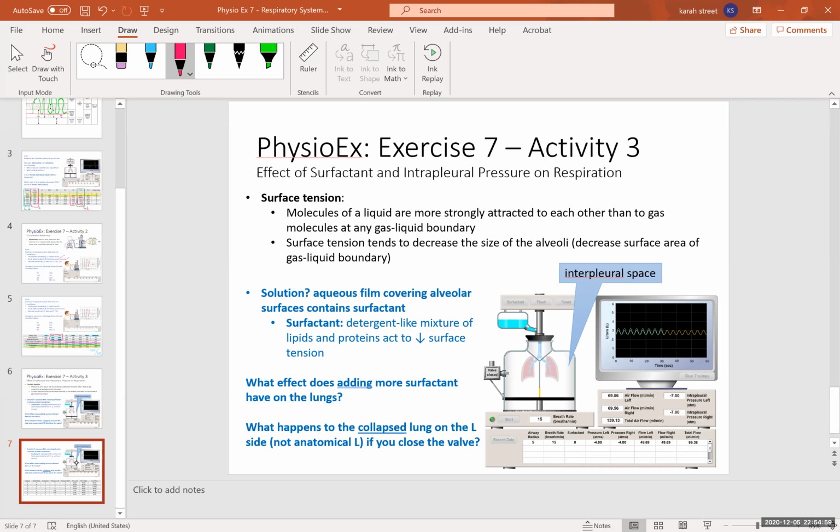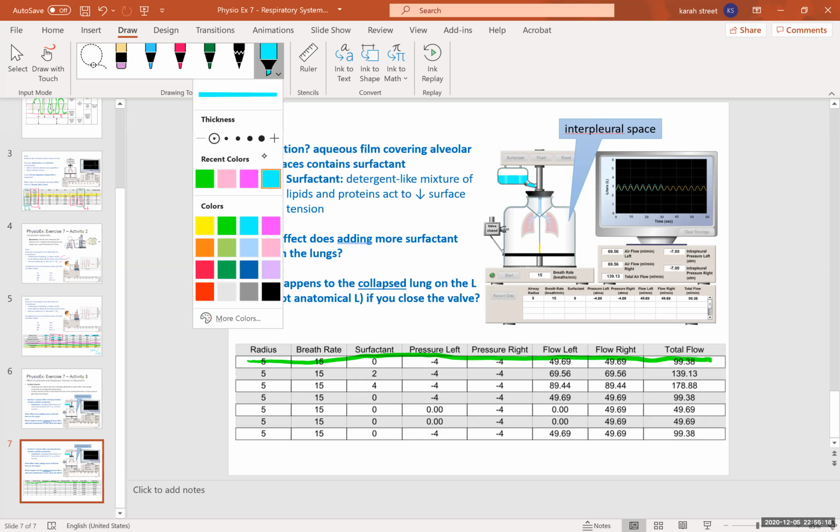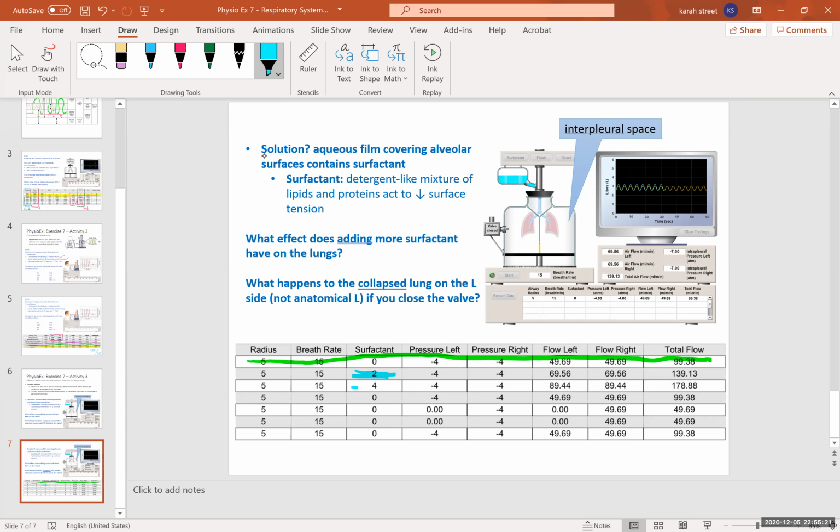So first, let's look at our baseline read again. So our baseline read, we have no surfactant. And in our right and left intrapleural cavity, we have a negative pressure, a vacuum. And then in the next set of experiments, we start to increase surfactant. We go from 0 to 2 to 4.